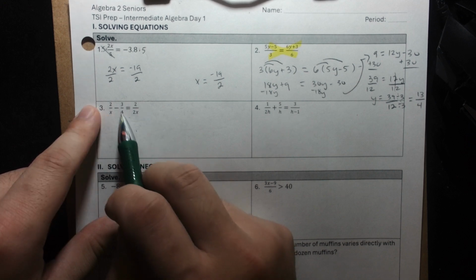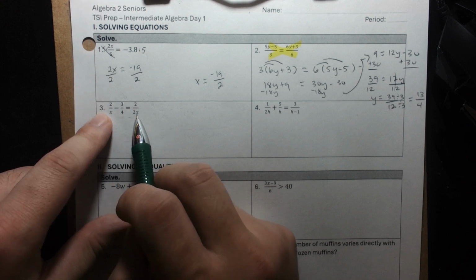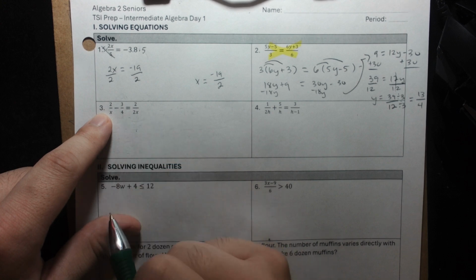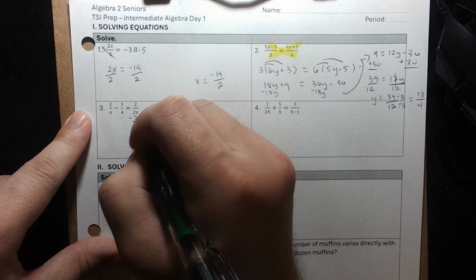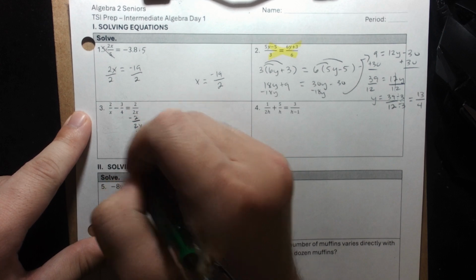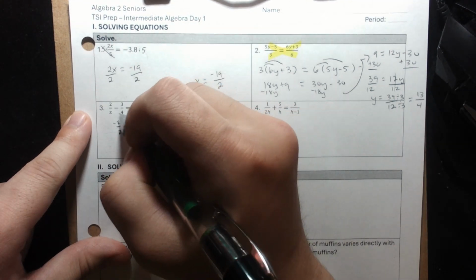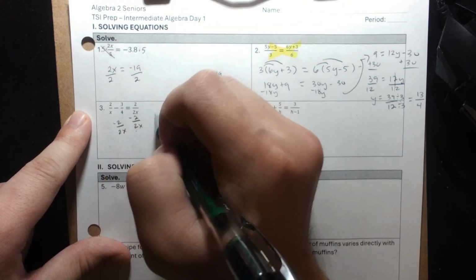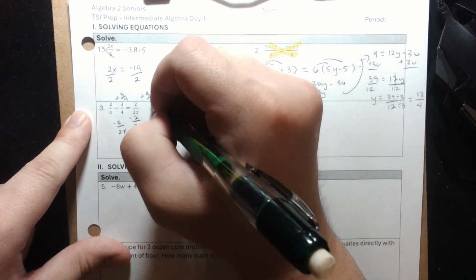And then this 3 over 4, they are not like any of these other terms here, so we're going to move that to the other side of the equal sign. So we're going to subtract both sides by 2 over 2x. And we're going to move this 3 over 4 to the other side. So we're going to add both sides by 3 over 4.